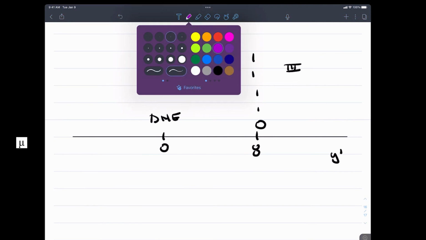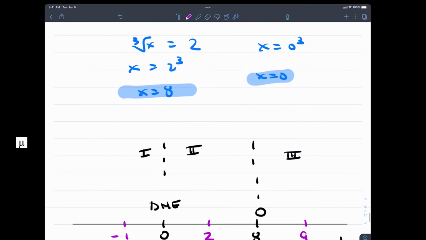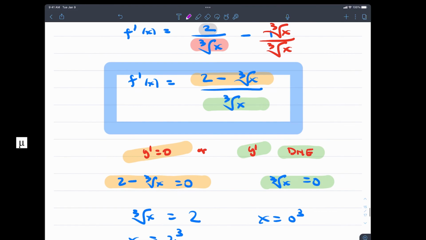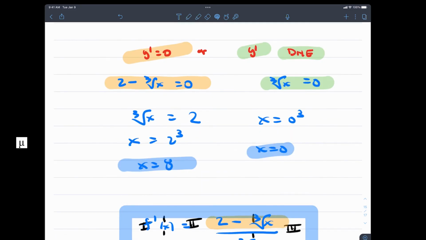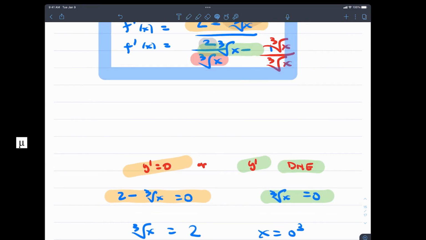So you take a test point to the left, like -1. You take a test point to the right, maybe like 2. And a test point over here, maybe like 9. I don't know. But you're testing that first derivative. I'm going to copy it.